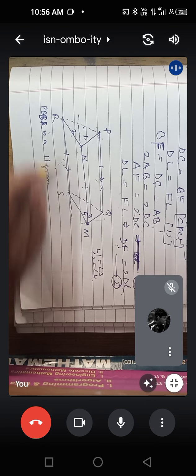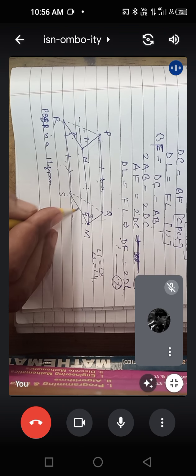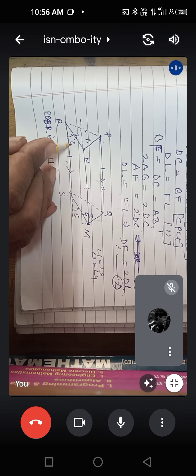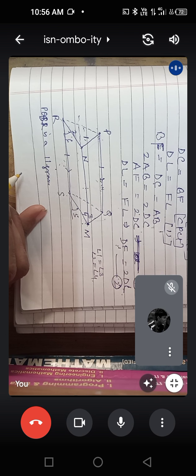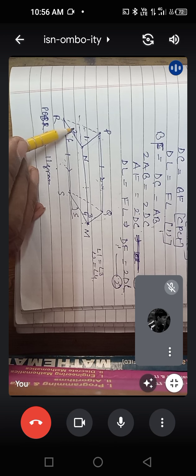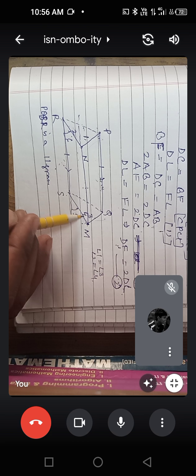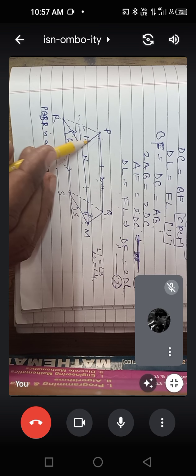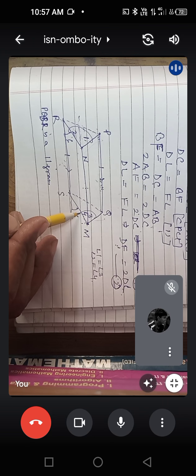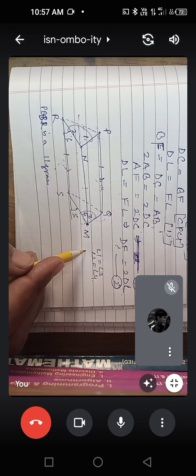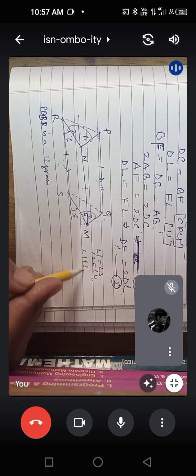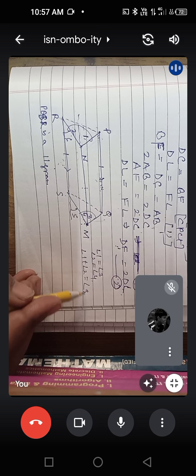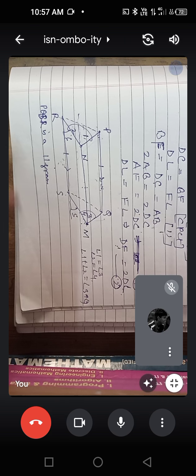Then you can extend this also. You can make this angle as 5 and this as 6. Now you see angle 2 is equal to angle 4, because this line and this line both are parallel, so these are also corresponding angles. So you can simply say angle 1 plus angle 2 is equal to angle 3 plus angle 4. This point is clear?